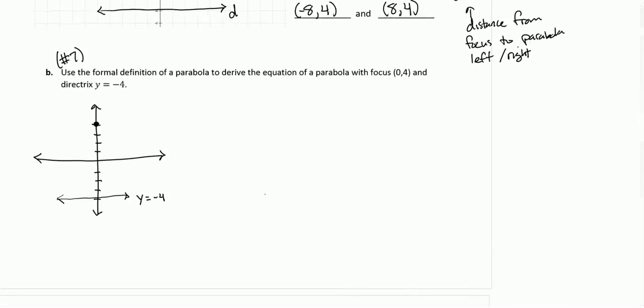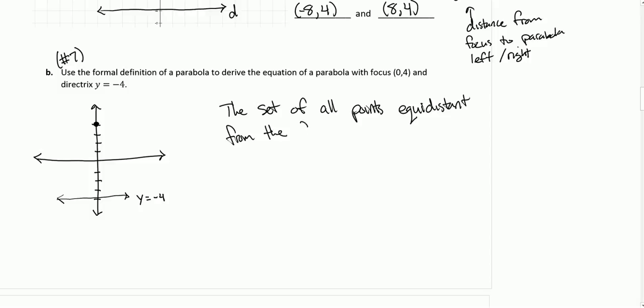And we need to use the formal definition of a parabola. The formal definition is the set of all points equidistant from both the focus and the directrix.